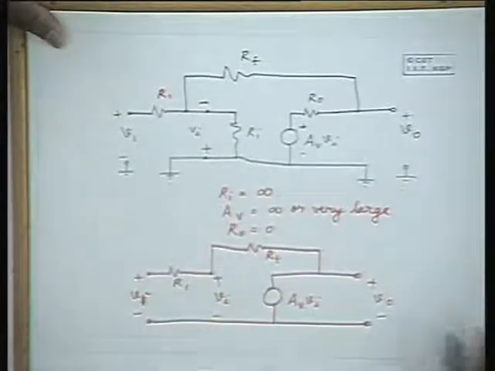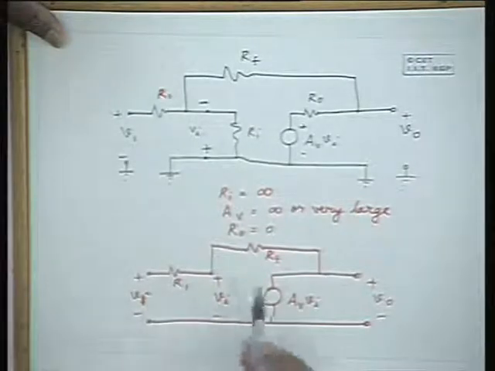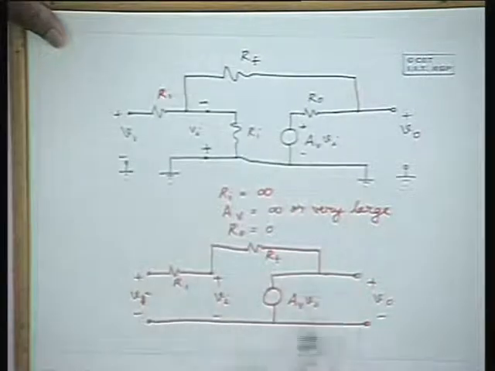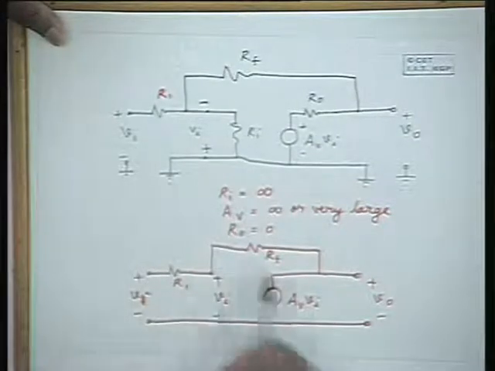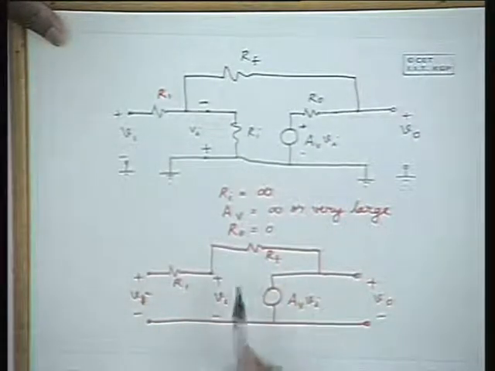So this can be analyzed in different ways, by writing Kirchhoff's voltage laws and current laws, or mesh equations, or it can be obtained by using the superposition principle also.